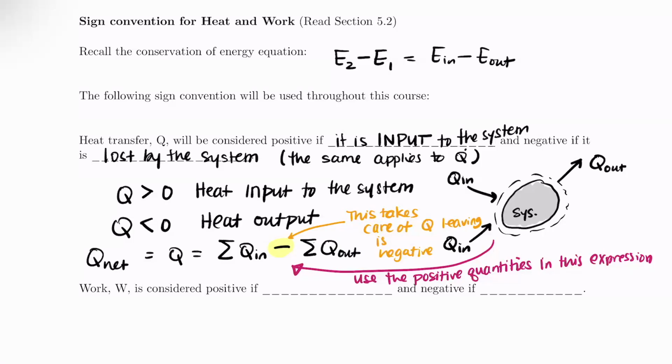So what this does not mean is that we have Q in plus Q in. I should have labeled these Q in 1 and Q in 2. So for this system that I've drawn, this bottom equation doesn't mean Q in 1 plus Q in 2 minus Q out, right? It's just minus Q out. Does that make sense? Okay.